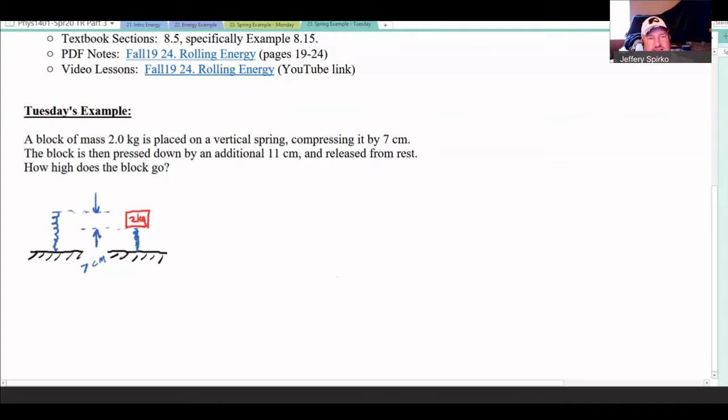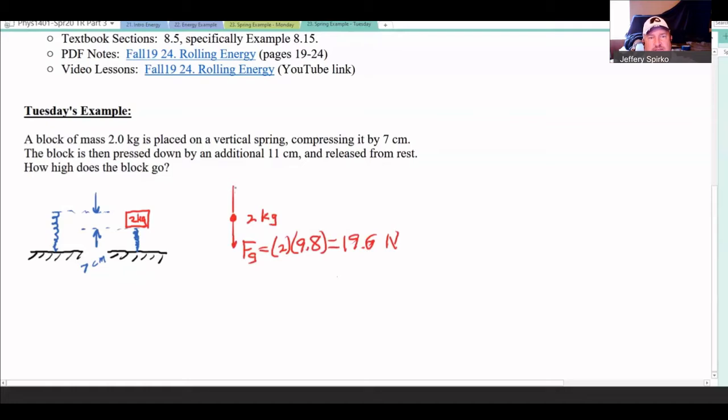So that's stage one, the first sentence. And I can use that to figure out some things here. Here is my 2 kilogram mass, and it experiences the force of gravity, which is 2 times 9.8 equals 19.6 newtons.